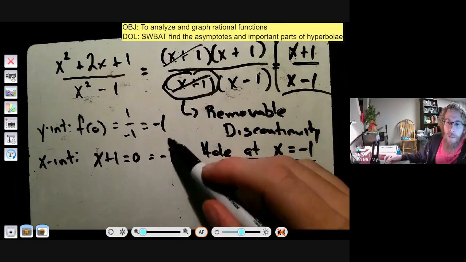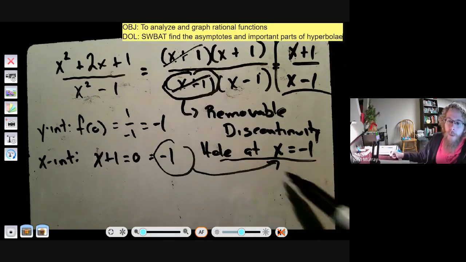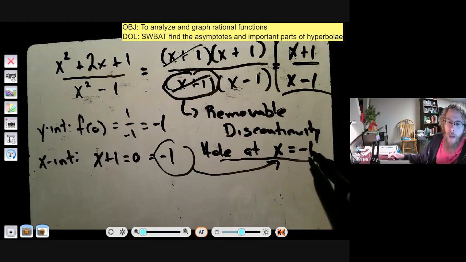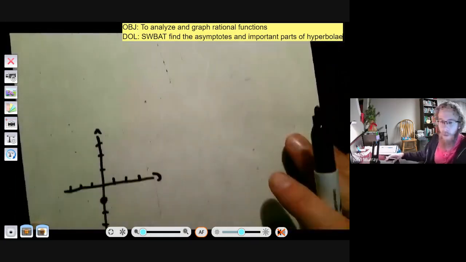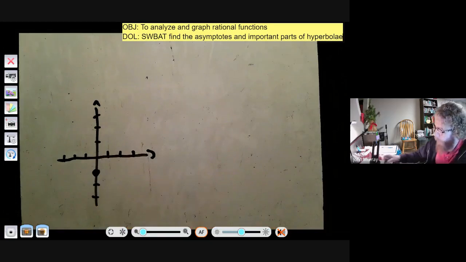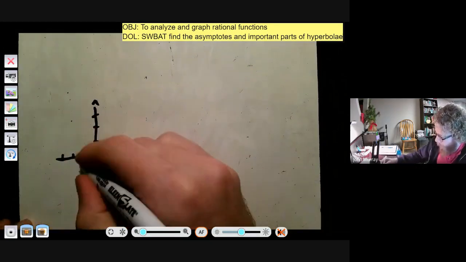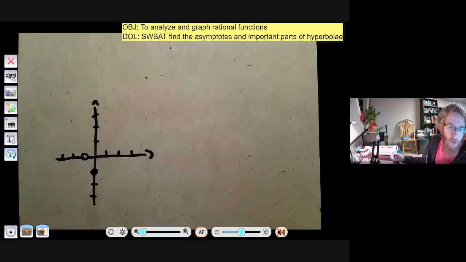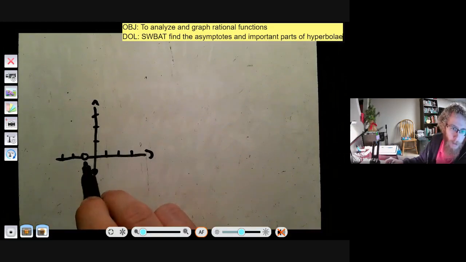But be careful. I know I have a hole at -1. So instead of plotting a closed circle at -1, that is going to be an open circle because that's where my hole is, at x equals -1.